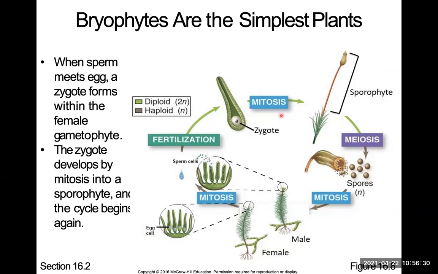So for this life cycle for bryophytes, the dominant stage is the gametophyte stage. Because if you were to go for a hike and there were some bryophytes nearby, you're only gonna see this green stuff. You're not gonna really see much of this. So this is the non-dominant stage, sporophyte, and the dominant stage is gametophyte.